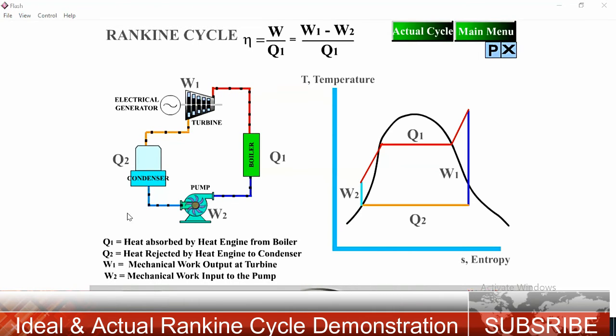State 2 to 3, in the condenser, the vapors are condensed using heat exchangers. The basic purpose of condensation is to reduce the steam volume, since it is quite difficult to handle a large volume. So condensation reduces the pump work input considerably.